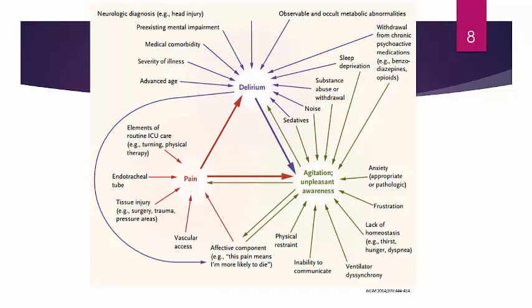And as you see here with all these different arrows, these are essentially influences upon one another. So as you can see here with this middle triangle, pain can cause delirium, which we'll talk about later in the semester. Delirium can cause agitation, and agitation can cause pain, and vice versa if you go in the other direction of the triangle.